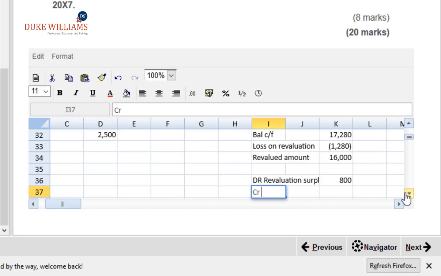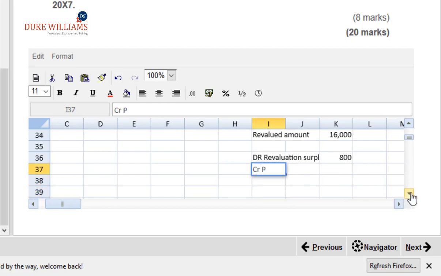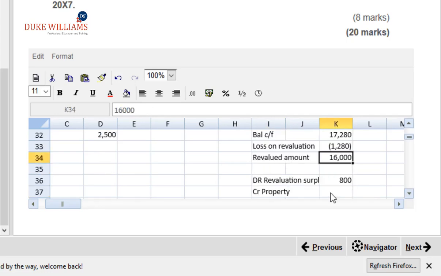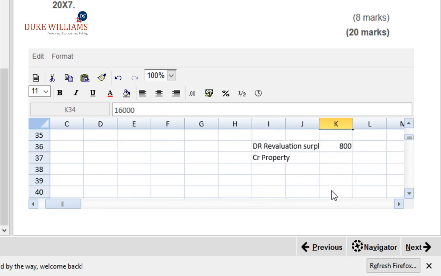Look at it carefully, which is property. We'll credit the property with the total amount of the loss, which is here, that is needed to reduce the balance. Sorry, it is equal to 1280.